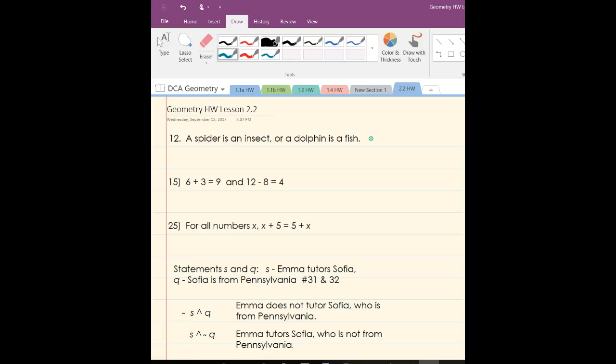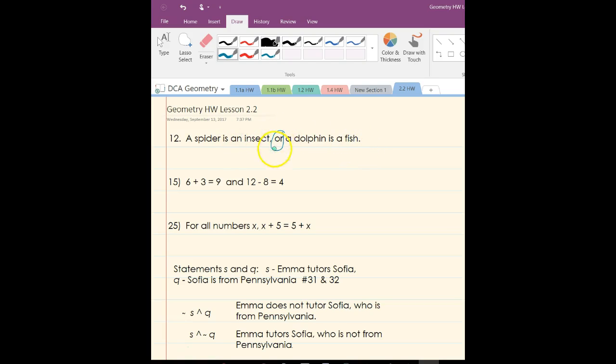Let's take a look at a problem similar to one of your homework problems, number 12. The instructions are: state whether each statement is a disjunction D or a conjunction C, and whether it is true or false. So these are two-part answers. 12. A spider is an insect, or a dolphin is a fish. Well, we have the disjunction "or," so we know that. And we're also asked to say whether it's true or false.